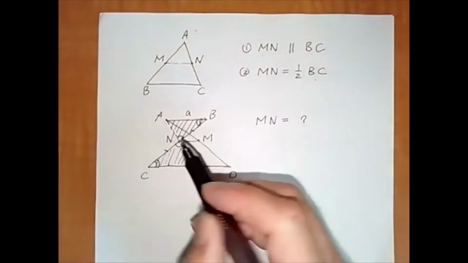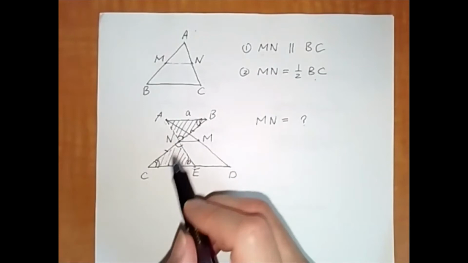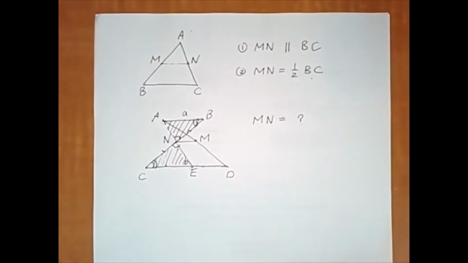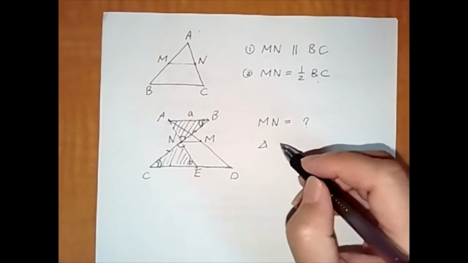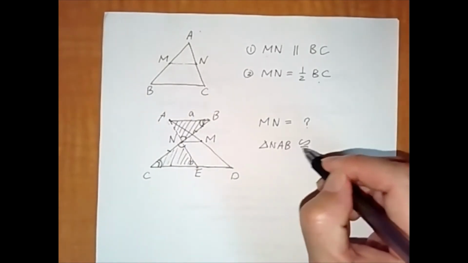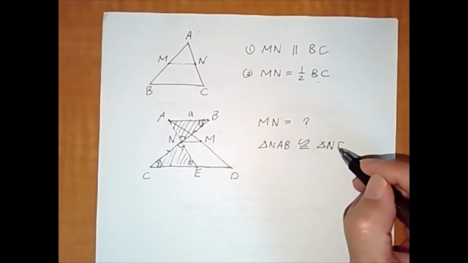Okay, so you see, angle, side, angle. So these two triangles are congruent. Triangle NAB is congruent to triangle NEC.